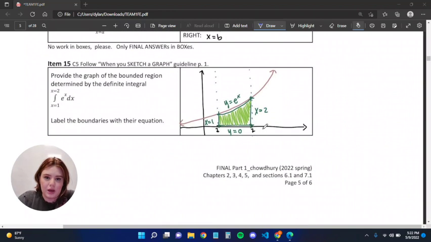It hits along the x-axis, where y is 0, and for our top boundary, y is the curve. The bottom boundary is y equals 0 because it only goes down to the x-axis.